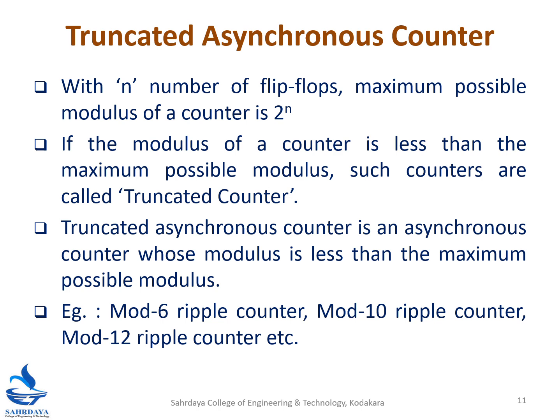If we are using 3 flip-flops in a counter, we can count maximum up to 7, or the maximum possible states are 8. But in truncated counters, 3 flip-flops are used, but it can count only up to a number less than 8, or there will be states only less than 8. Such counters are called truncated counters.